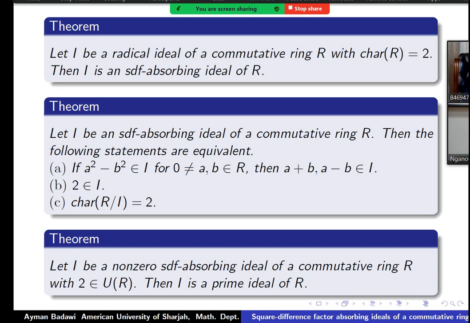There's no big deal. So if you want a plus b and a minus b both in I, then 2 has to be in I.